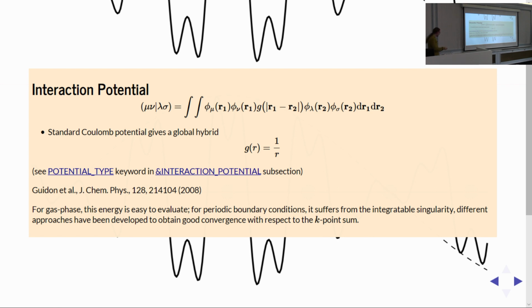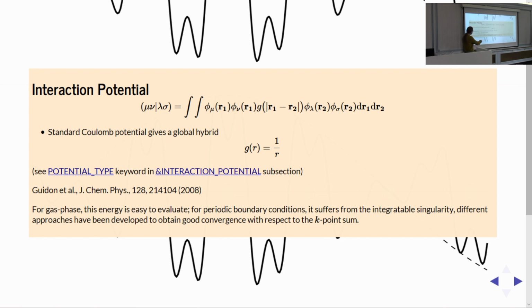I mentioned this a bit earlier. I just put in this generalized description of what happens, how these orbitals talk to each other. If we have this thing as just 1 over r, then we've essentially got a standard Coulomb potential, so we get Coulomb interaction and standard exchange integrals.